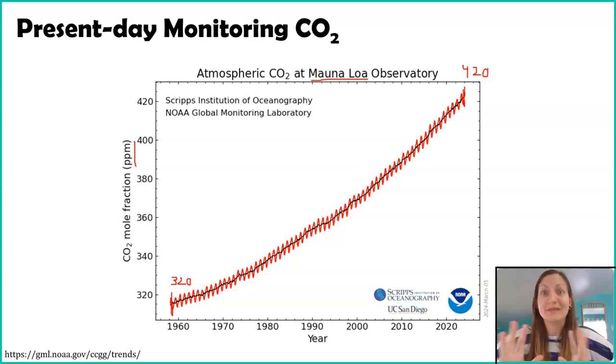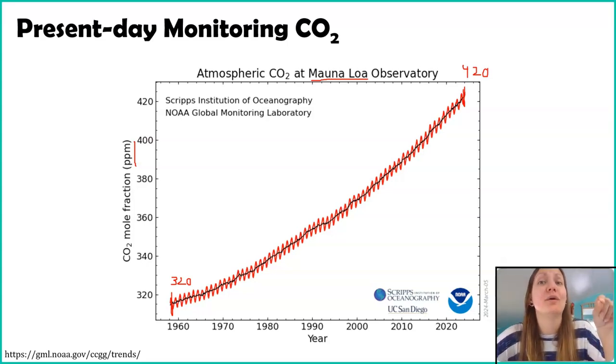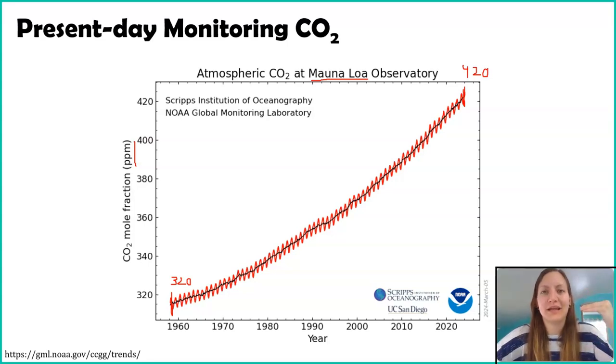It took us recently to go up 100 parts per million. 60 to 70 years compared to 10 to 30,000. This should be concerning. This is what we're scared of. It's not so much that we're getting higher, which that is a concern. It's also how quickly we're going up.